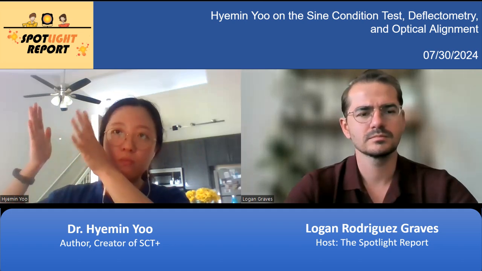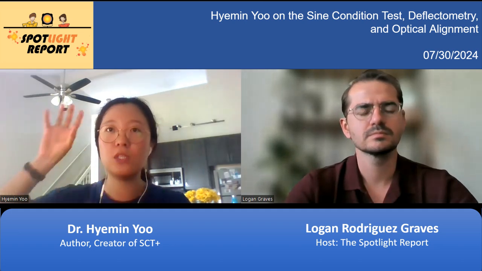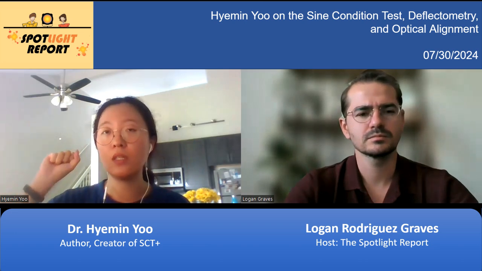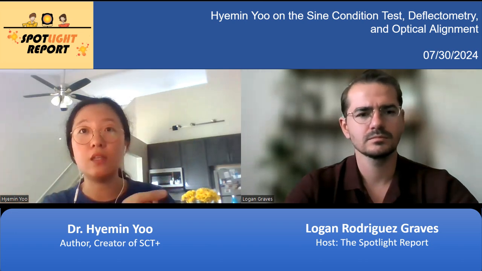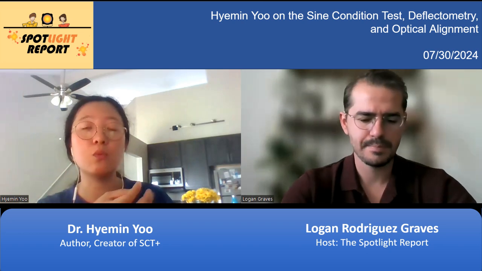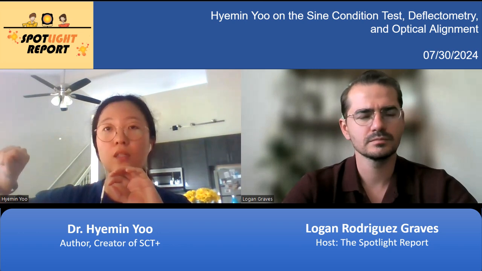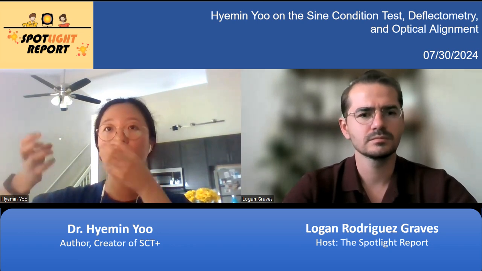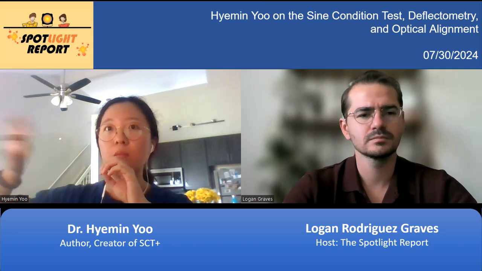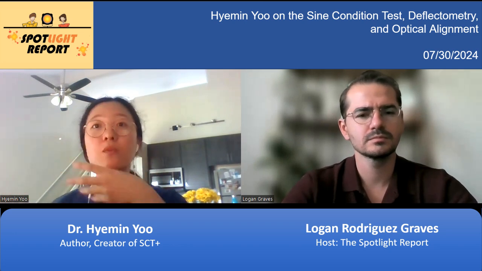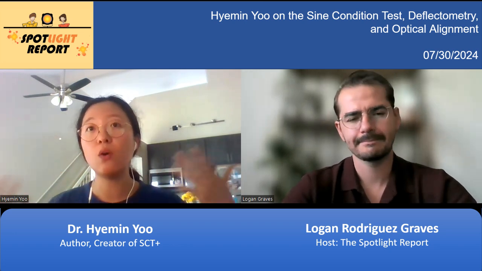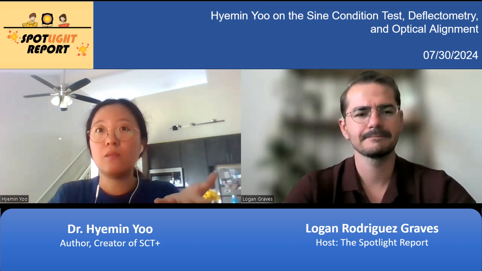But for now, it doesn't matter. What is important is that you performed a relative measurement to say this amount is defocus, and the rest will be linear focus, and that's going to be measured with the Sine condition test. If you have solved the degeneracy of confusing linear focus and defocus with deflectometry, then the rest will be treated as only linear focus in the rest of the data.